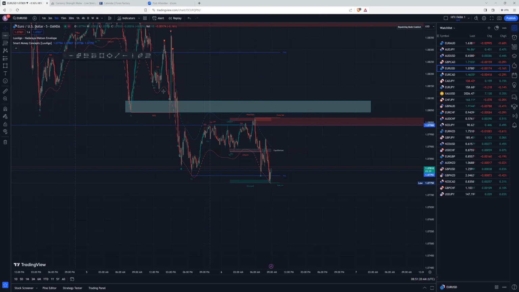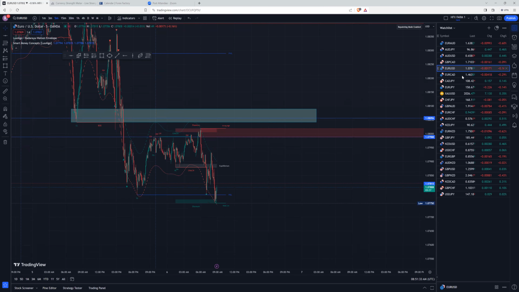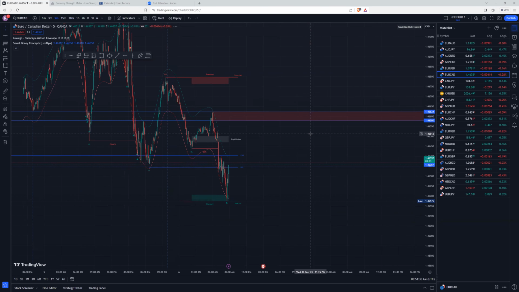Now, inside the block, we have this. Okay, this is already pulling back. Our swing is up here. So this is just temporary.